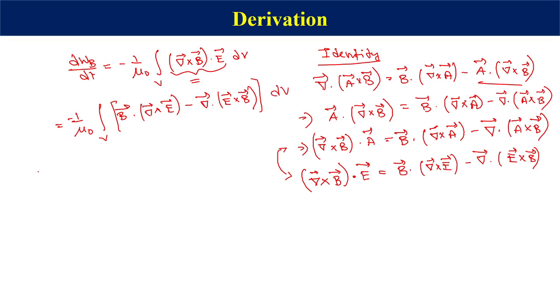If you just resolve it, do one step more, in that case you are going to get 1 upon mu naught volume integral del dot E cross B dV minus 1 upon mu naught B dot del cross E dV.